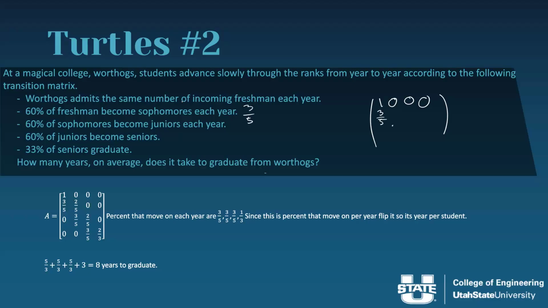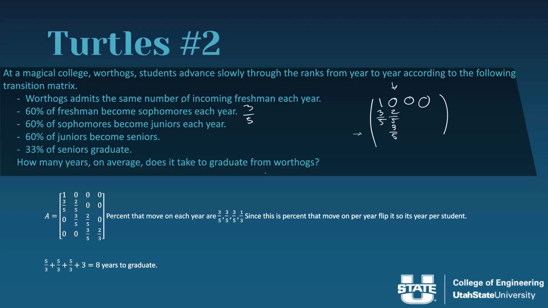So I'm going to put my 3/5 right here as well. That's my number because this is my sophomore column, and this is my junior row. So that's my intersection. But then if 3/5 of sophomores become juniors, then that means that 2/5 of them stay as sophomores. Okay, awesome.